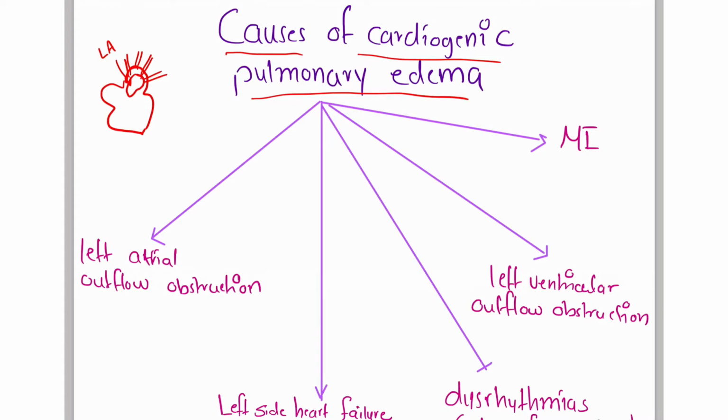First cause is left atrial outflow obstruction. شنو يعني؟ يعني إذا عندنا هنا atrium وهنا ventricle راح يصير obstruction flow of blood from the atrium into the ventricle. يعني عندنا هنا الفالف شبيه stenosis متضيق لذلك يمنع مرور للبلاد من الليفت atrium to the left ventricle.